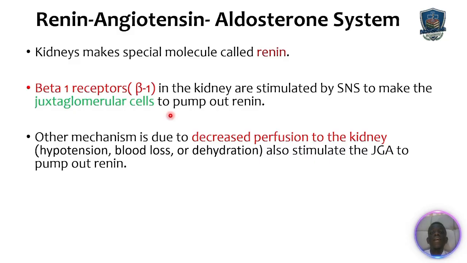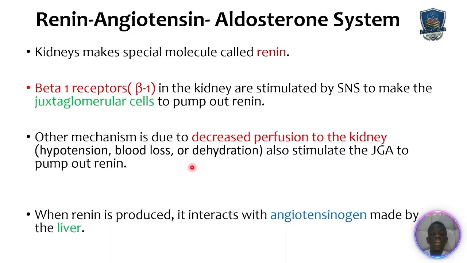And when the kidneys are hypoperfused, it signals the juxtaglomerular cells to release renin. So these are the mechanisms that promote the release of renin. Number one is the activation of the beta 1 receptors via the SNS. Number two is the decreased perfusion of the kidney, which may happen either when the client is dehydrated, when there's blood loss, or when there's hypotension. So the juxtaglomerular cells will release the renin.